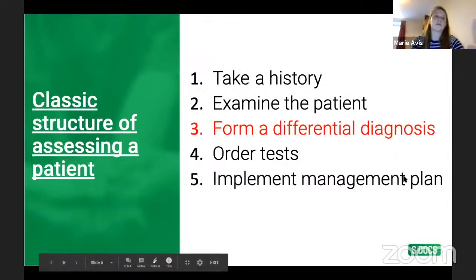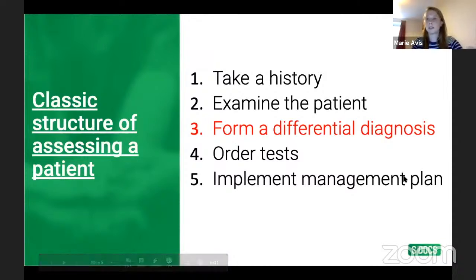So just to run through the classic structure of assessing a patient. Normally you would take a history, you'd examine the patient and you'd form a differential diagnosis. I find this quite problematic when you're first starting clinical medicine because you don't always necessarily know what to ask. You're quite scripted and tick boxing in what you're asking, and you don't always know exactly why you're asking the things you do.